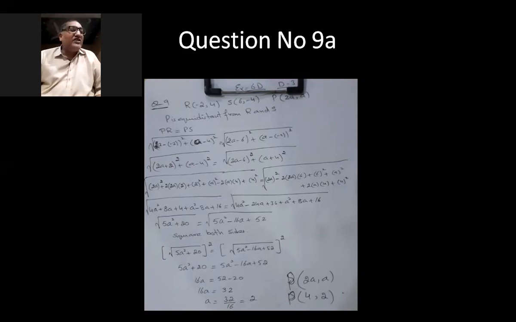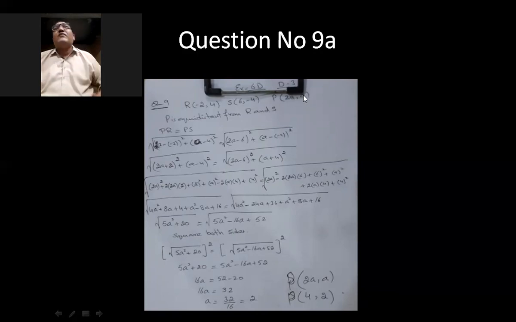A point P is equidistant from R, whose coordinates are -2, 4, and S, whose coordinates are 6, -4. And its x coordinate is twice its y coordinate. The point P is such that its x coordinate is twice its y coordinate.